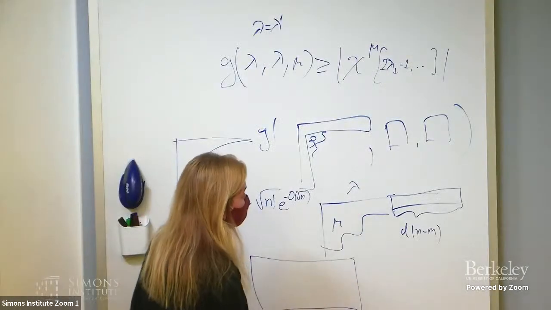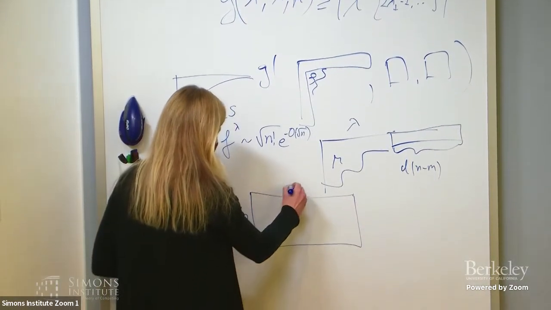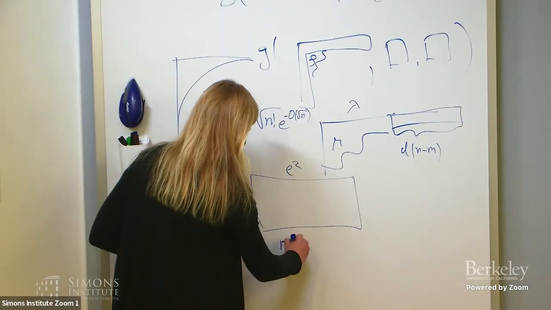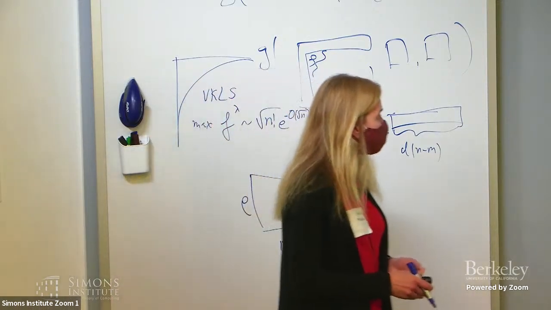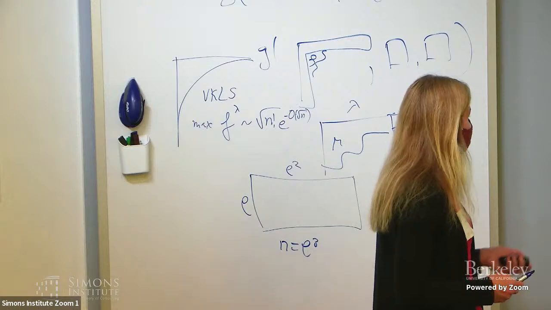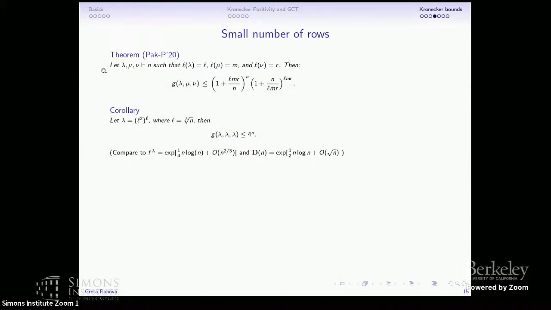In this example, we basically have L by L squared, and our total size is just L cubed. And in this case, we have an exponential upper bound, not the square root of n factorial that I was showing earlier, which is much bigger.